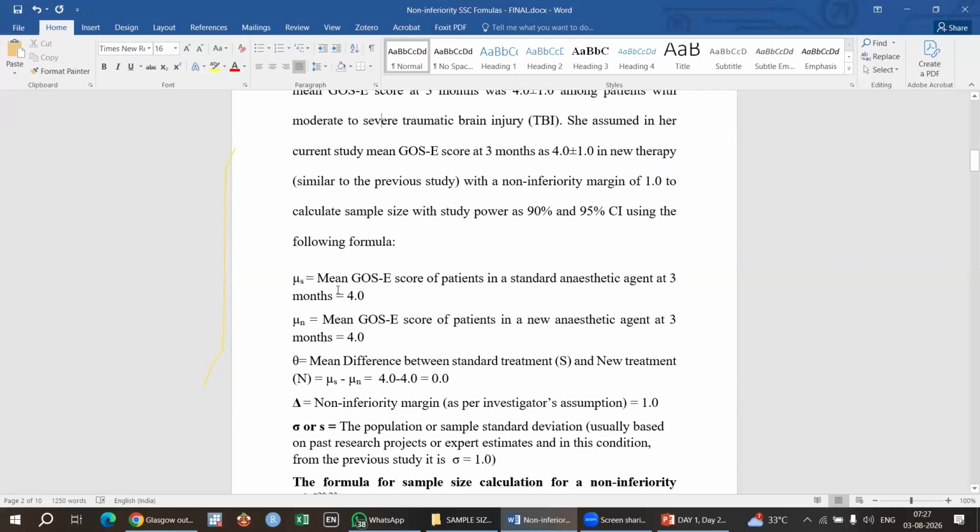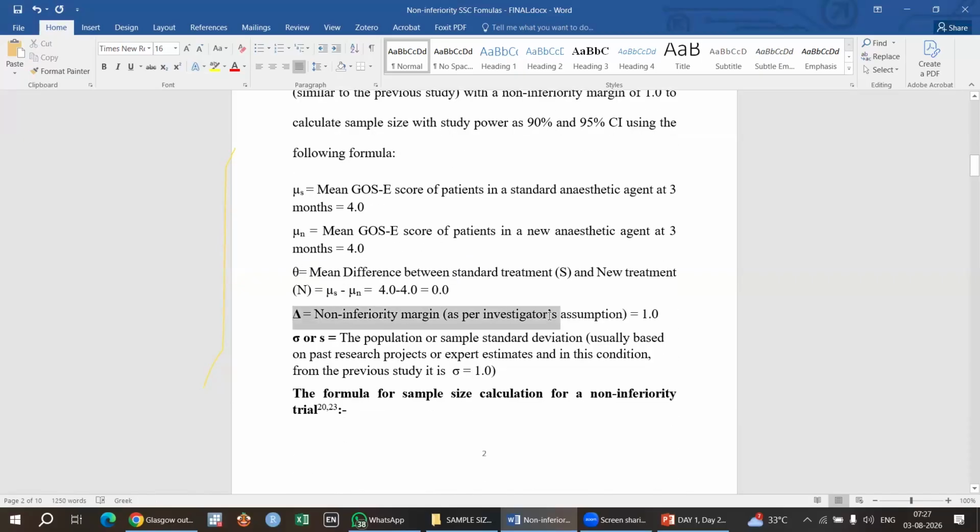Please see here, mu S means the mean GOS score in the standard anesthetic agent at 3 months, 4.0. Mu N means new therapy, similar, 4.0. So theta is 0 here. Then the non-inferiority margin she has taken is 1.0.